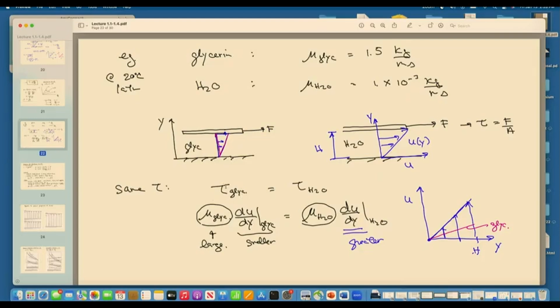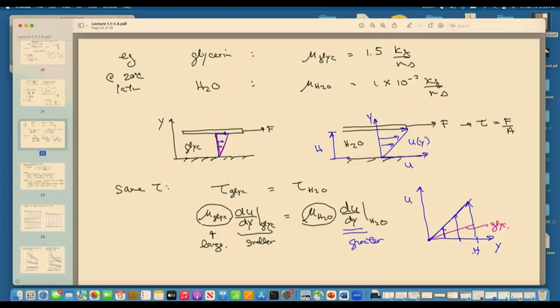What differs is the viscosity. The glycerin has a much larger viscosity than the water. So for the same shear stress, the shear, or the rate of deformation, is smaller in the glycerin than it is in the water.